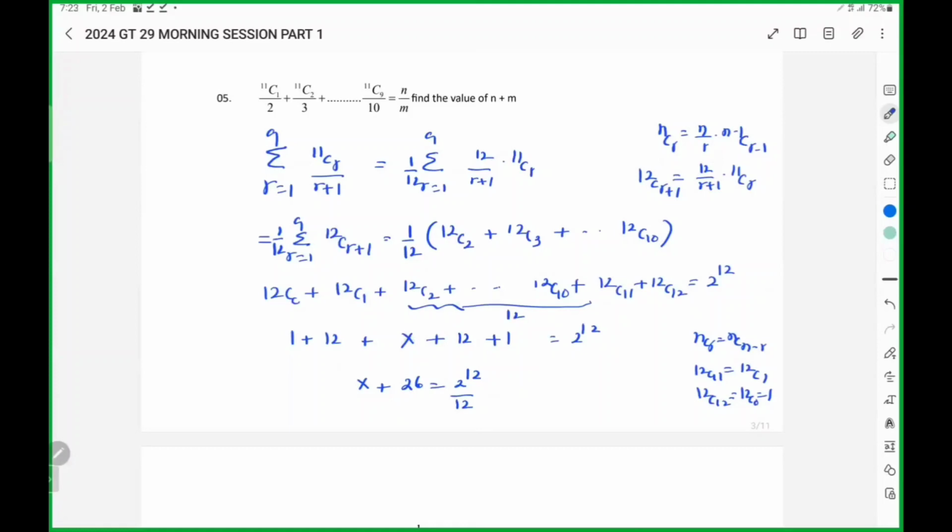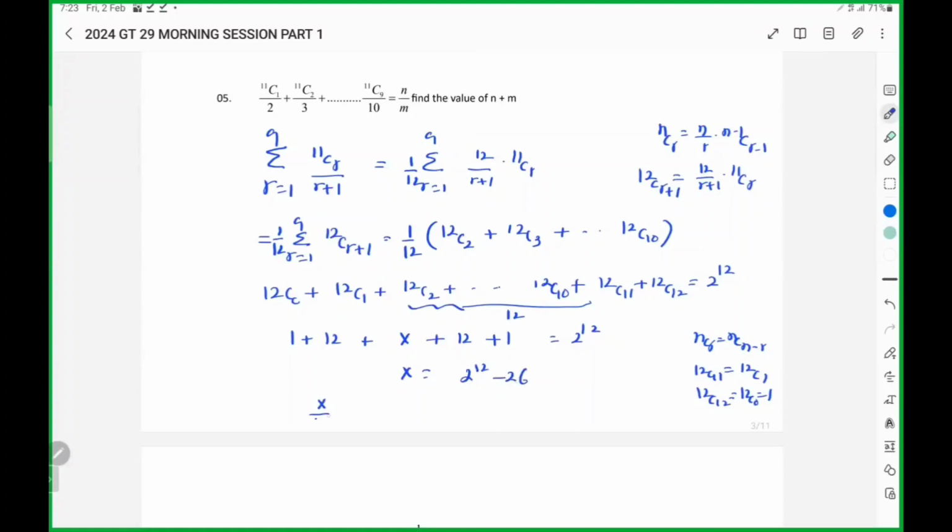So X plus 26 is 2 power 12 by 1, and so this whole thing I have to find. X will be 2 power 12 minus 26.